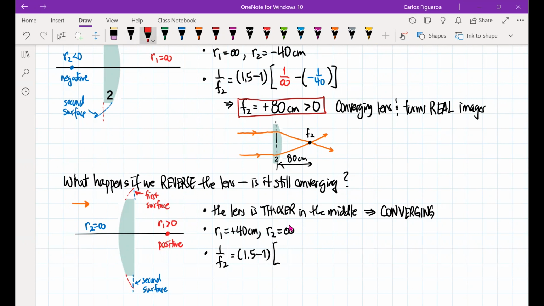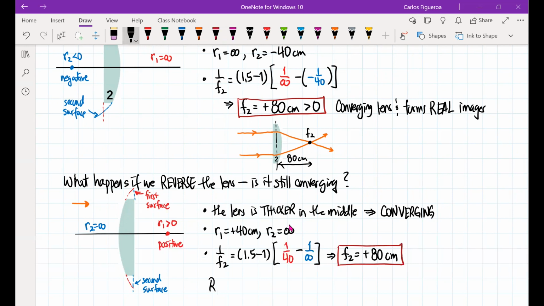So this becomes 40 centimeters. And then I get minus 1 over infinity, which in this case then tells us that F2 gives me the exact same focal length. So I have the exact same focal length.